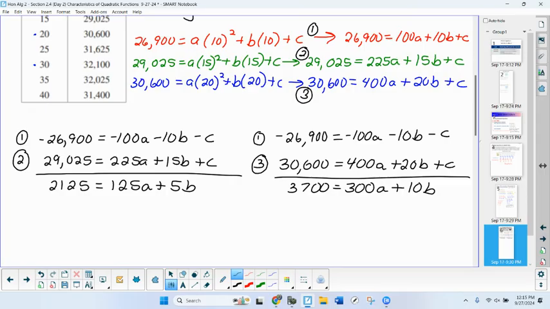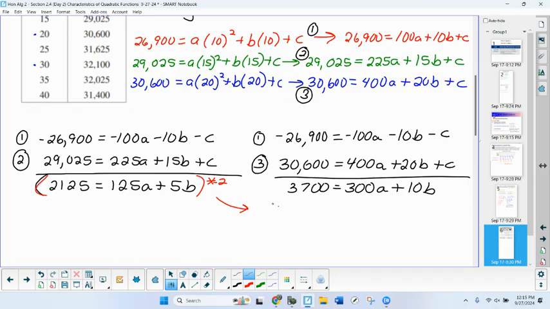So looking at these equations, are you guys going to make A opposite or B? B. What are you going to do to this equation? Make it, multiply it by negative 2. So when you multiply by negative 2, what do you get?